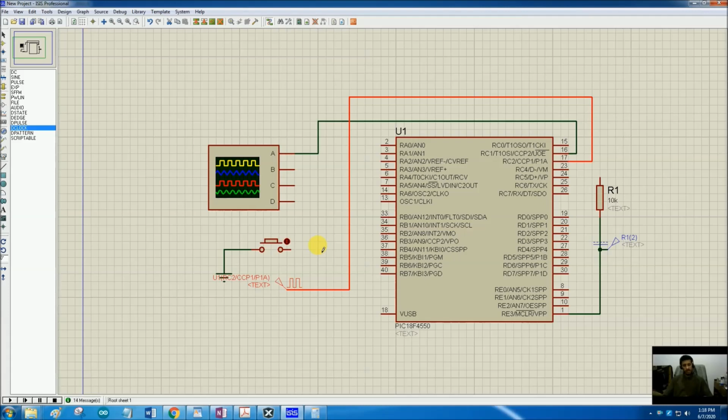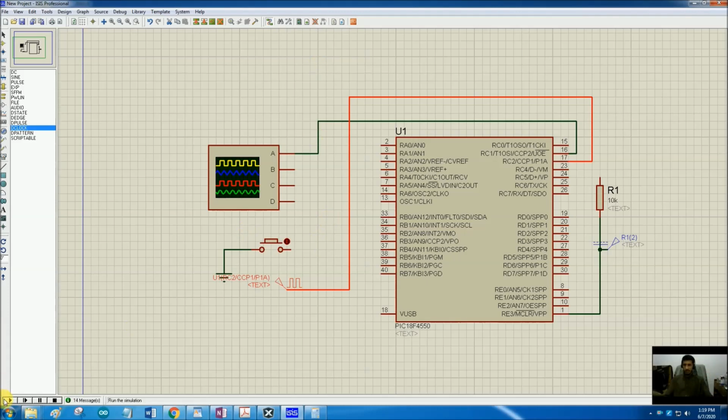Now it would be 0.1 millisecond or 100 microseconds. So the count ideally that we should be getting is 100. But if our hypothesis is correct, if our calculation is correct, and if that 11 cycle offset or error is constant, how many counts should we get? We should get 89 counts because 11 cycles are being wasted.